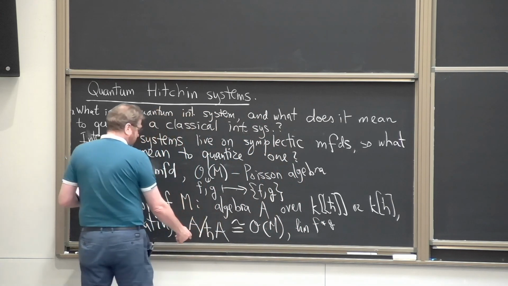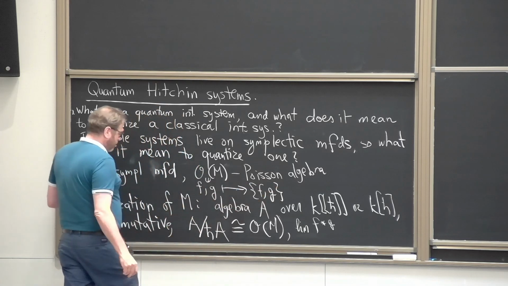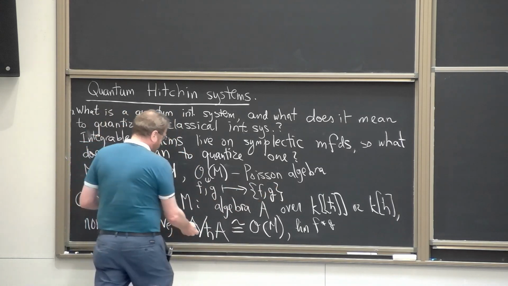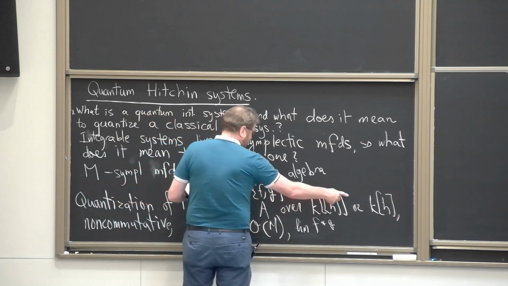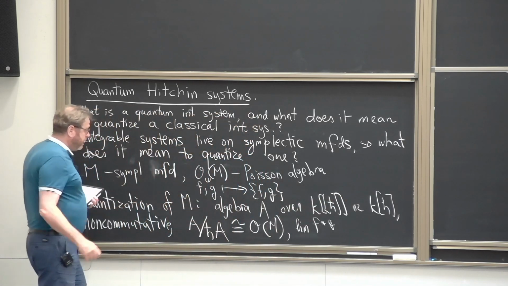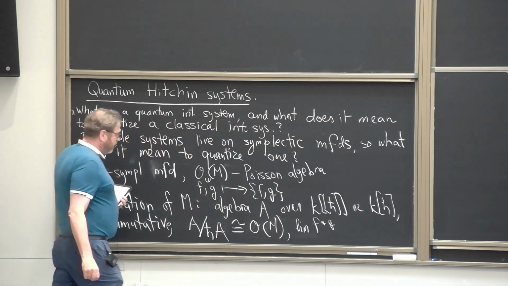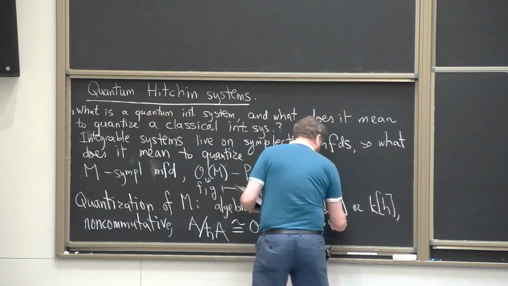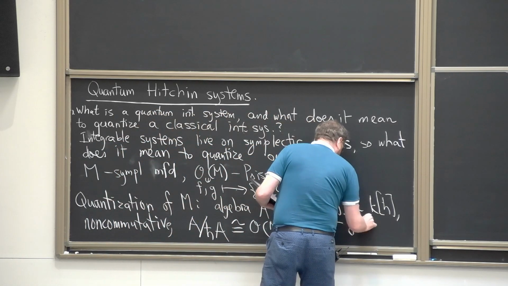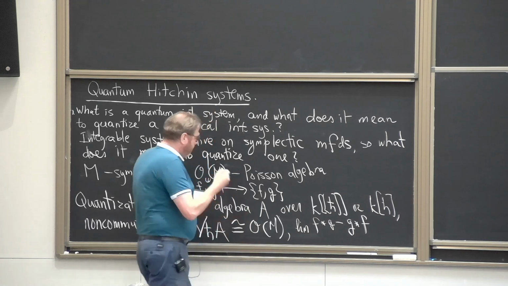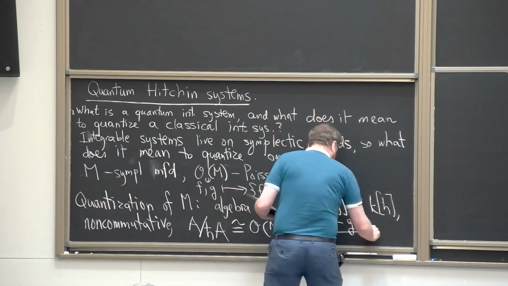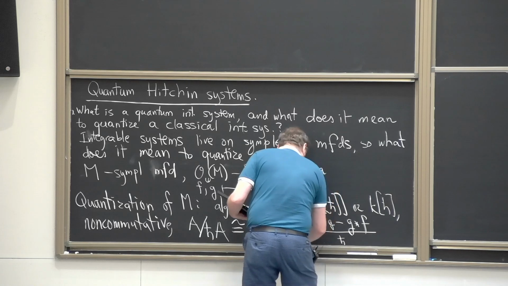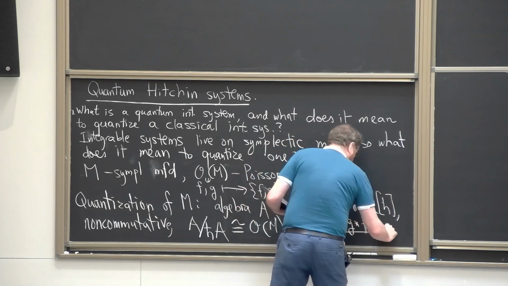So it should be a flat module over polynomials in h or formal series in h. This means we really should think about the same space tensored with polynomials or series in h, and multiplication is given by some star product, but it's not commutative. However, the commutator is 0 modulo h, and if I divide it by h, then this is going to be the Poisson bracket.